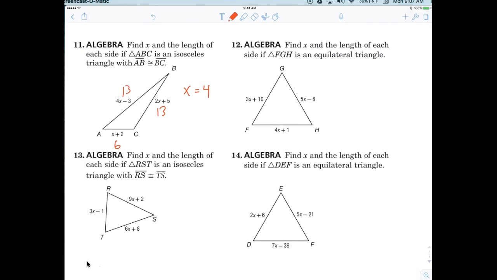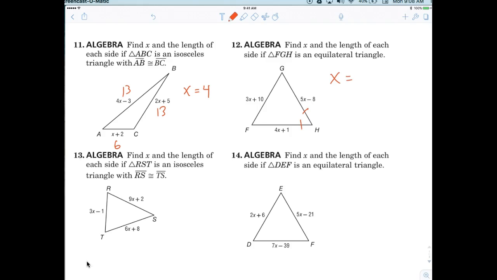It says here, if it's equilateral, which would be the easiest to compare? It doesn't matter, but I would choose GH and FH. So x equals what?